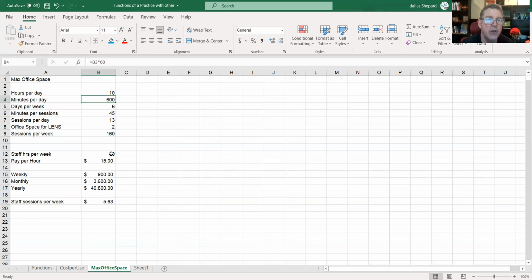you would have 60 hours a week of an office staff person, because the practitioner is not going to be able to do the lens, take care of the office, customer service, take payments, and all of that. This is planning on having an office staff person. If you're paying them $15 an hour, then this is what your weekly pay is.